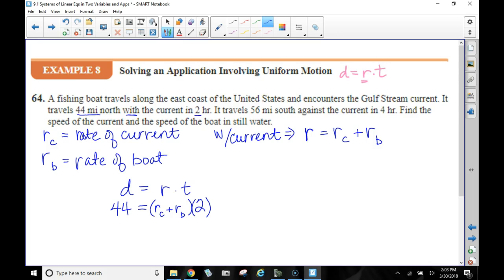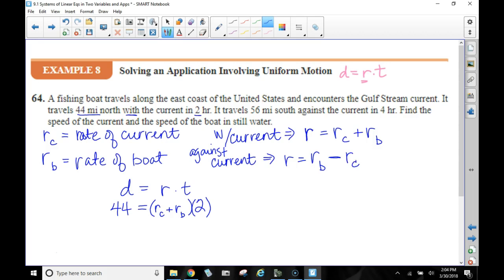Okay? Now, if it goes against the current, what the rate is in that case is you're going to have the rate of the boat, and working against that, or subtracting that out of there, is going to be the rate of the current. Okay, does that make sense?